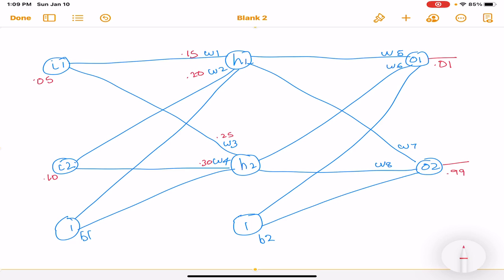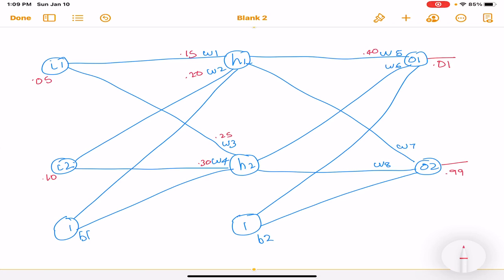And similarly, the random initialization for my W5, say it is 0.40, W6 is 0.45, W7 say 0.50, and W8 say 0.55. Similarly, I also need to provide some initialization for my bias. So say that B1 is 0.35 and B2 is 0.60.